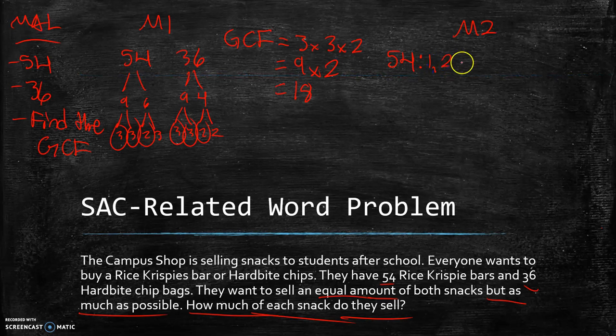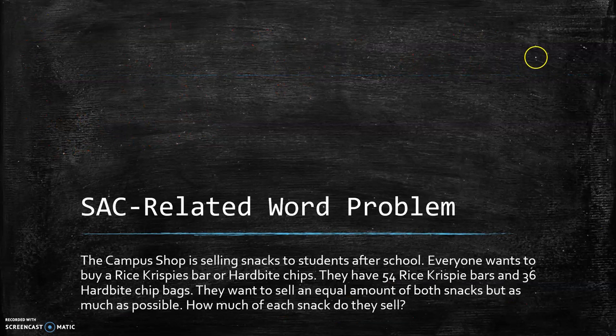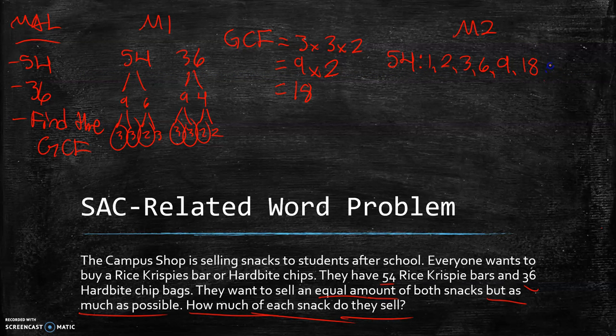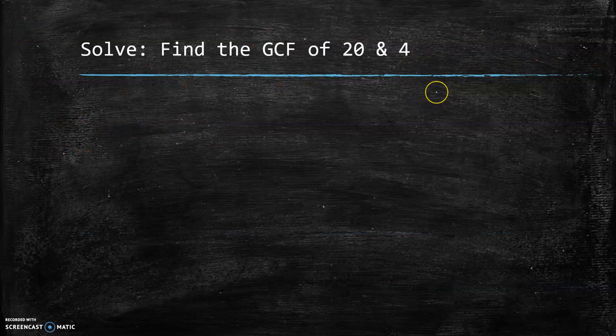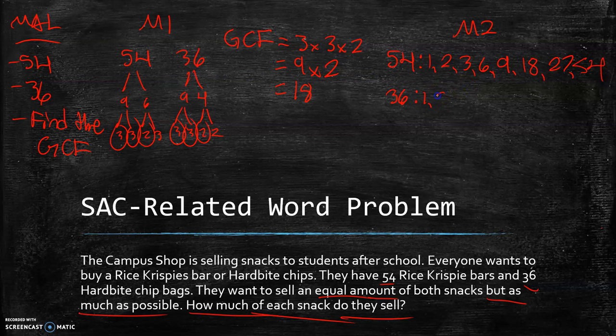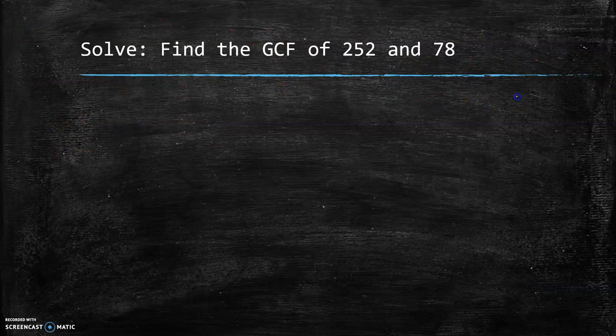So 1, 2, 3, 6, 9, 18, 27, 54. Then 36. 1, 2, 3, 4, 6, 9.